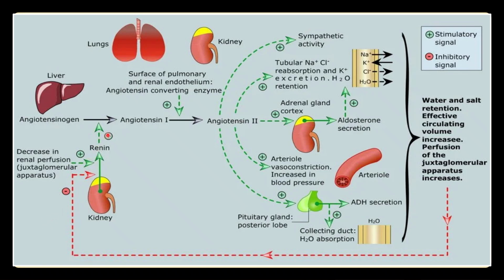The renin will help in the formation of angiotensin 2, which in turn produces aldosterone secretion. This aldosterone secretion will increase the effective circulating blood volume and the blood pressure is restored. This is also called the renin angiotensin aldosterone axis, or RAAS.